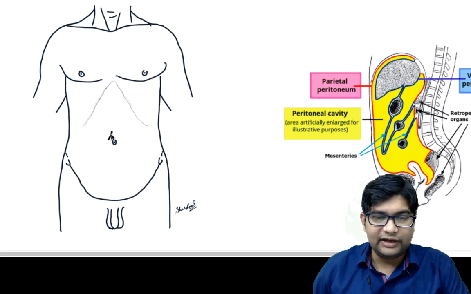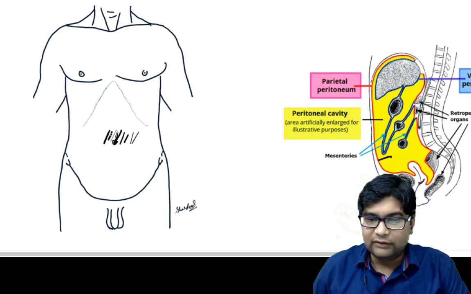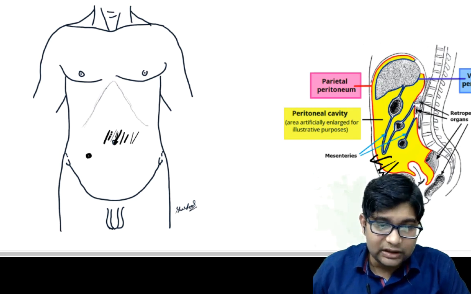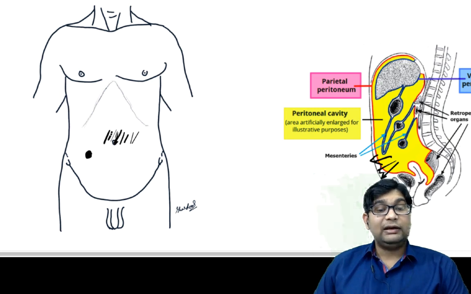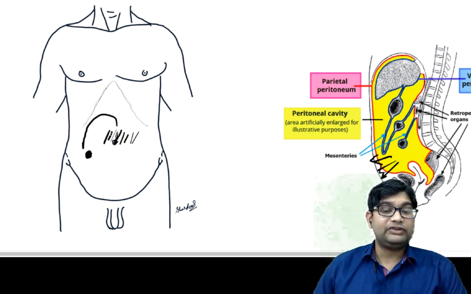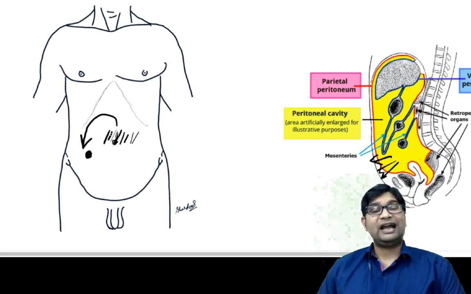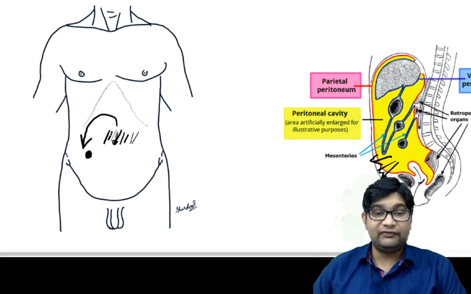Initially there was a vague aching pain around the umbilicus, but once it involves the parietal peritoneum, the pain will be localized at the site where the appendix is, and the body will forget about this vague aching pain, and the pain will shift towards the right iliac fossa. That is why there is shifting of pain in acute appendicitis.